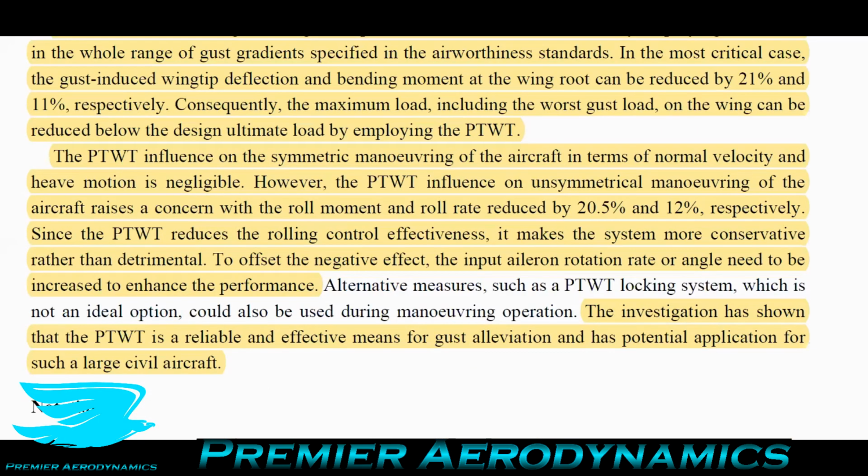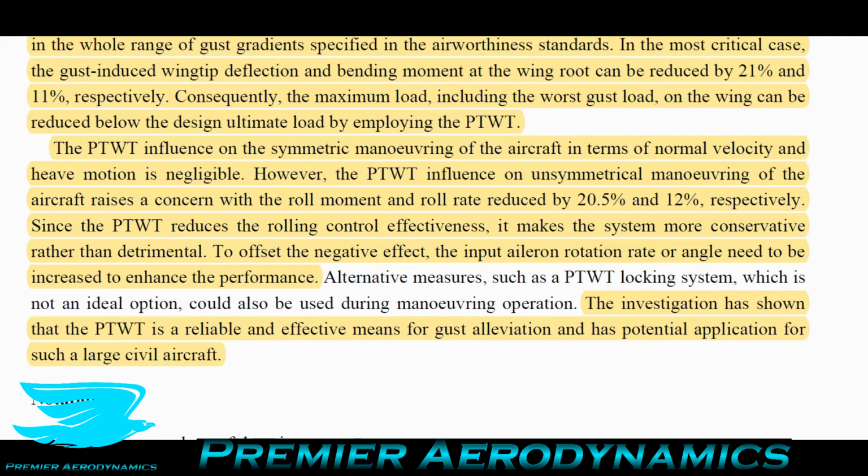They also say that the influence of these wingtips on the symmetric maneuvering of the aircraft, in terms of normal velocity and heaving motion, is negligible. But the influence on the unsymmetric maneuvering raises a concern with the roll moment and roll rates. They're reduced by 20.5 and 12% respectively. So what this means is the rolling of the aircraft is not as effective anymore with these wingtips. Now, that's not necessarily that bad. For commercial airliners, you don't want the aircraft to be very maneuverable.